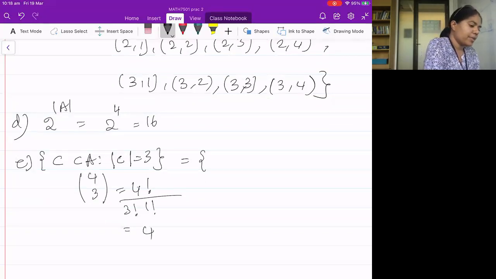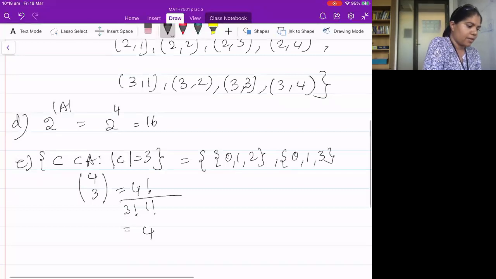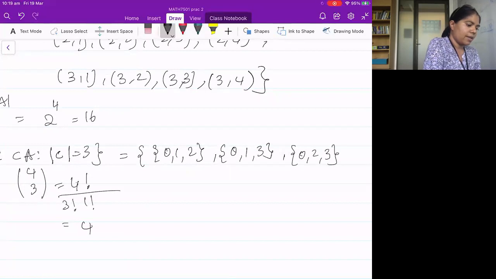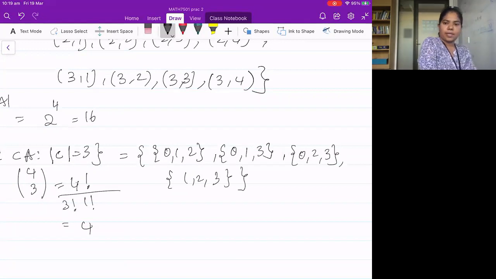So there should be 4 subsets. Okay. What are the 4 subsets? You can write down if you want. 0, 1, 2, 0, 1, 3. And the next one is 0, 2, 3. And the next one is 1, 2, 3. Okay. So those are the subsets.